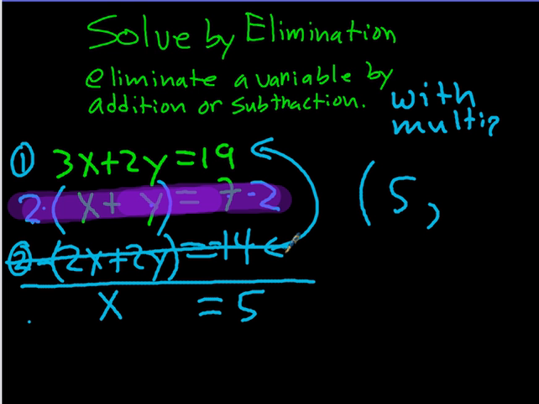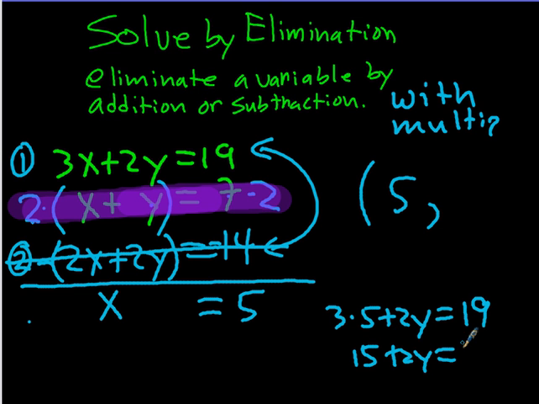So I'm going to use my original equation, 3x plus 2y equals 19, and I've got a 5, so 3 times 5 plus 2y equals 19, right? 15 plus 2y equals 19. I'm going to subtract 15 from both sides, and so I'm going to get 2y equals 4, y equals 2.